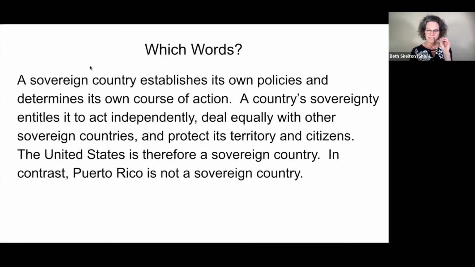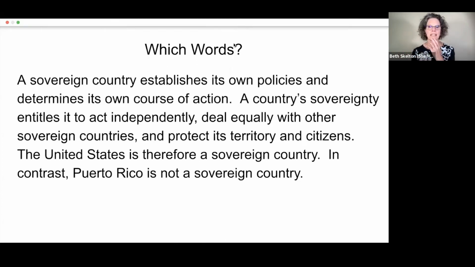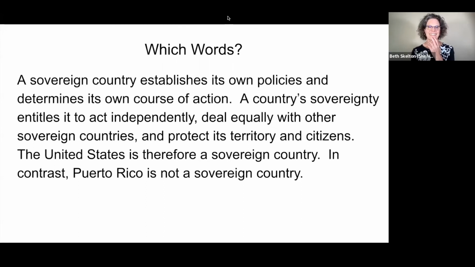Like, these are absolutely the social studies words that we would have to teach. Just type in the chat as you read that, which ones would pop out. They would be bolded, or they would be, you know, glossed at the bottom of the page. If you can type that in the chat, that's great.